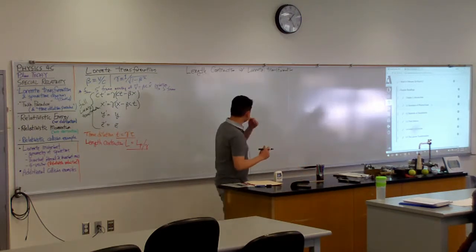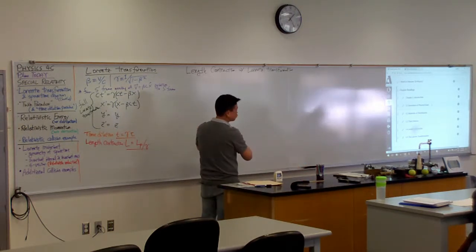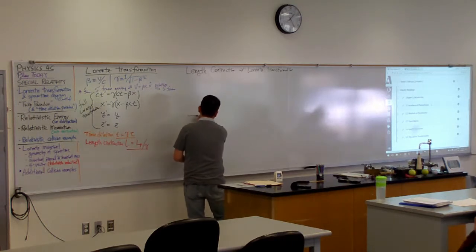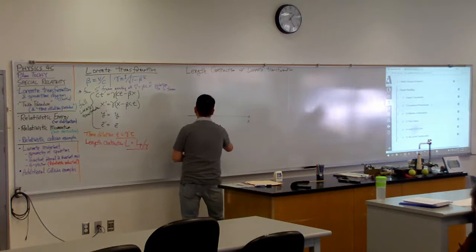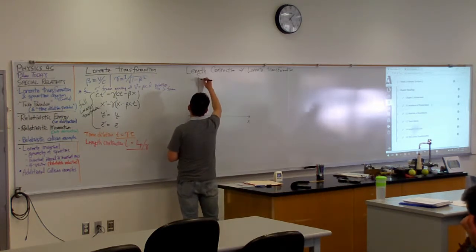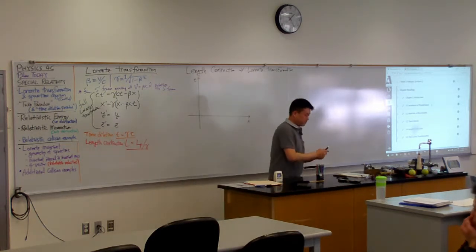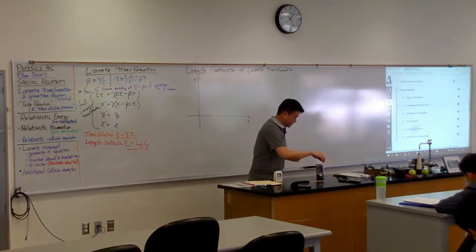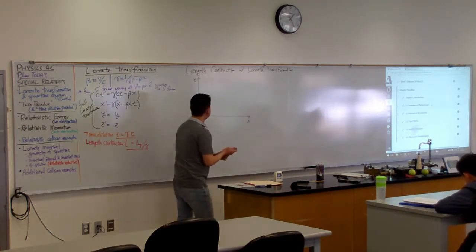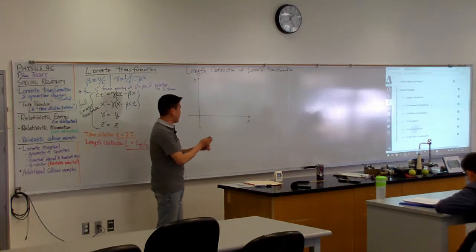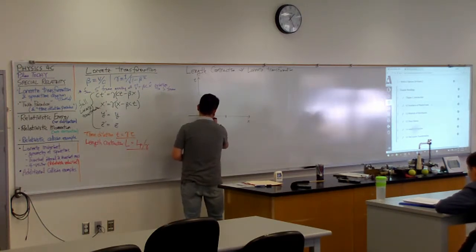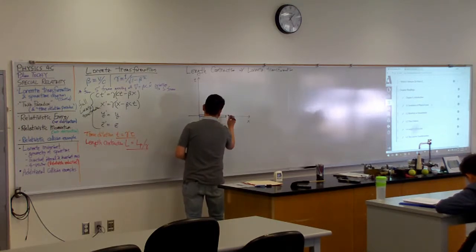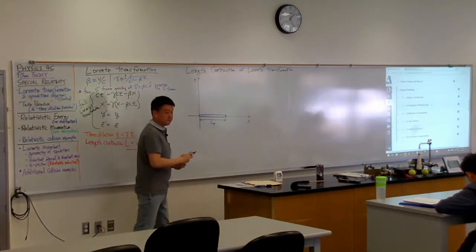So let me draw the picture this way. This would be the space-time diagram. Sorry, this is position. This is time. So given this space-time diagram, the ruler is in the stationary left frame. Let's say that the ruler has the proper length LP.